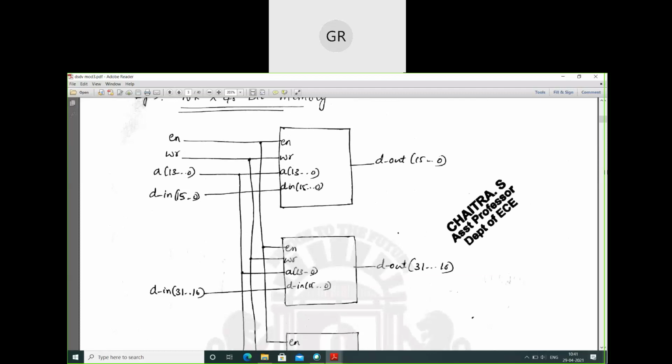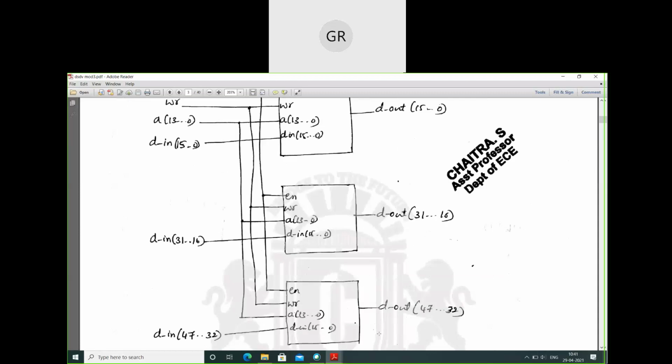That means each output here is 16 bit, and here 16 bit, and here 16 bit.